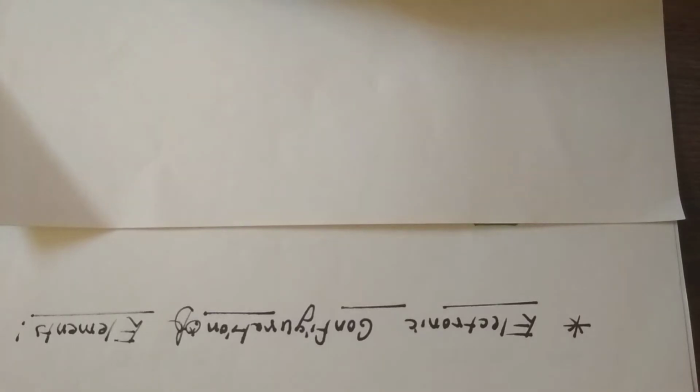Now in this video we will discuss the electronic configuration of an element, and how to write it down. First we will try to understand the meaning of electronic configuration.